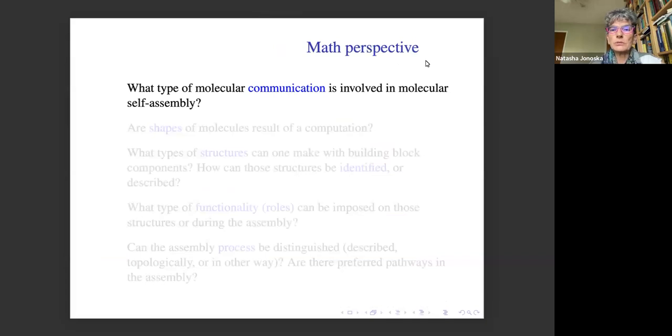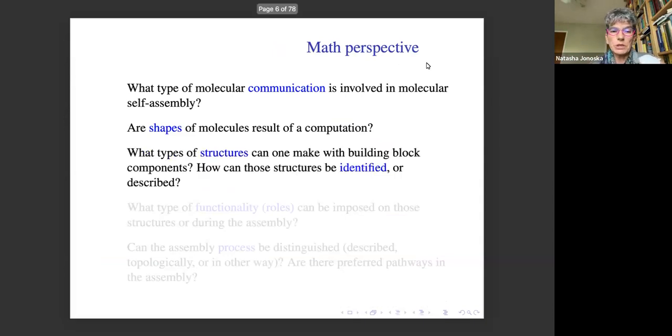So I'm going to look at the mathematical perspective of this nanostructure. What type of molecular communication is involved in molecular self-assembly when the molecules come together and build up larger structures? Are shapes of molecules the result of a computation? What is the process that actually produces the given shapes?